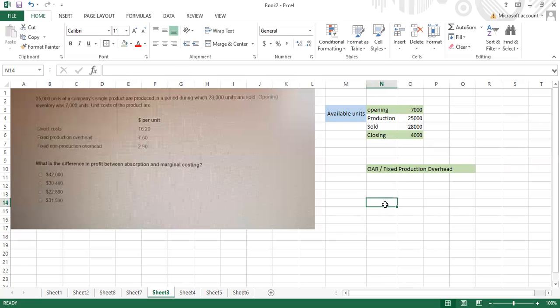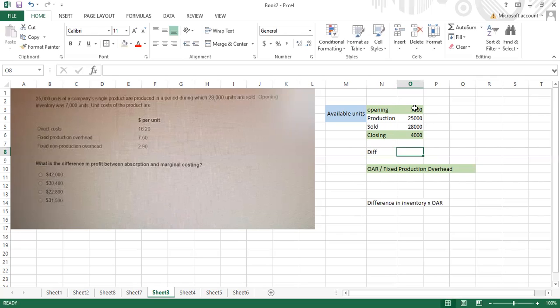What you do is: difference in inventory multiplied by OAR. This is the thing. Now, the difference in inventory is the difference between your opening and closing. Simply opening and closing difference.